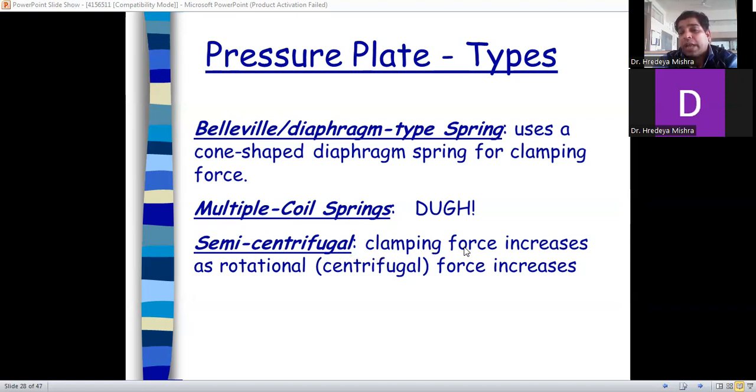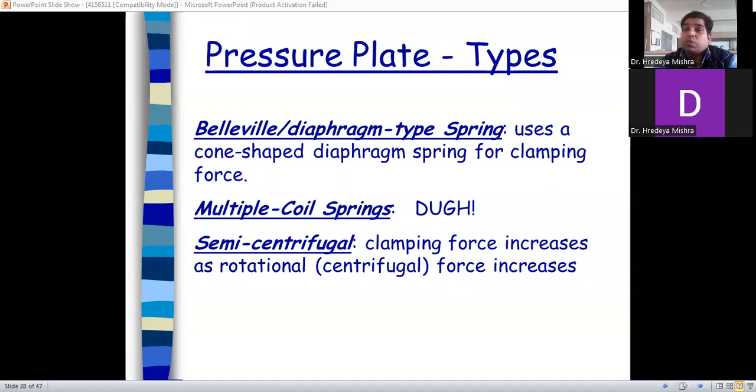Clamping force increases as rotational centrifugal force increases. So what is centrifugal or semi-centrifugal? The centrifugal force always acts outward from the center.